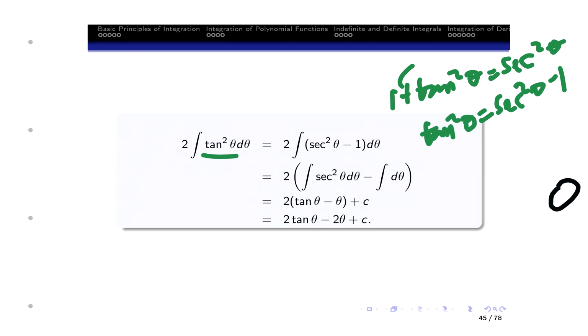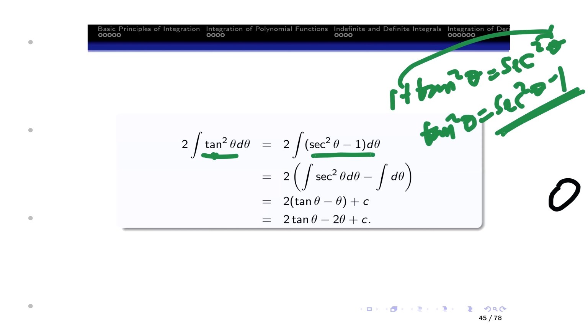So for some reason, you should know that it is easy to integrate sec squared theta because we already know if you differentiate tan, you get sec squared. All right. So it means it is easier to integrate sec squared theta minus 1 instead of tan squared theta like that. Because we already know that the integral of sec squared theta will automatically give us tan theta, because when you differentiate tan theta, you get sec squared theta. All right. So that's why we do it this way.